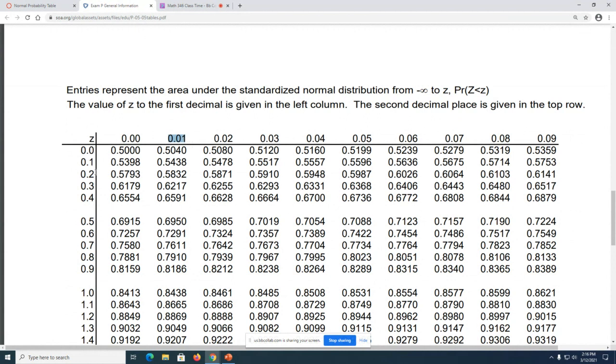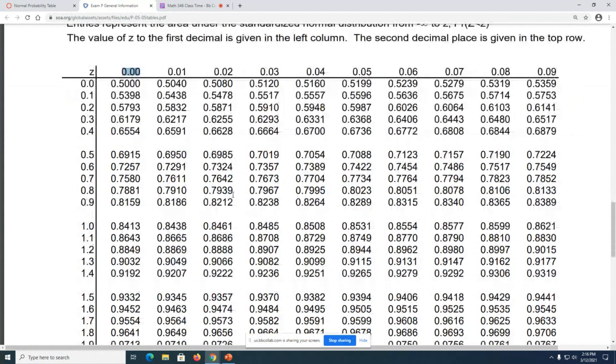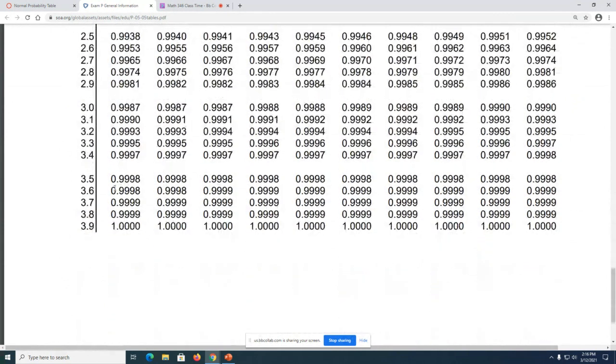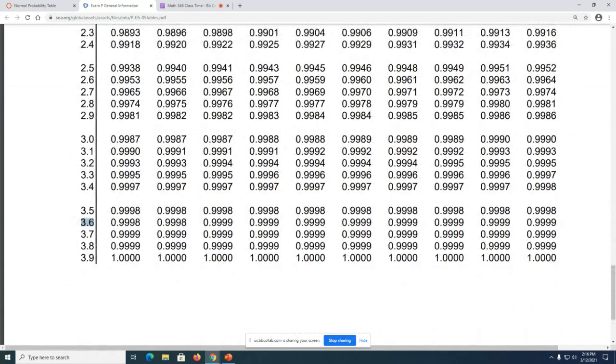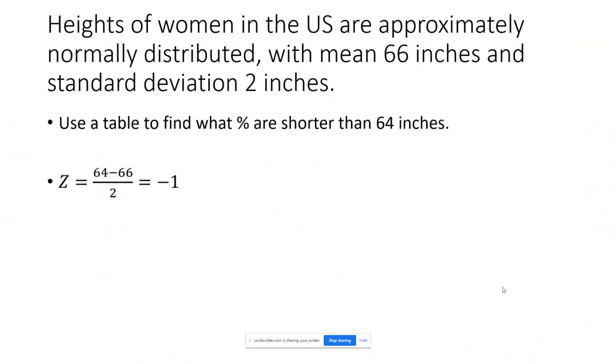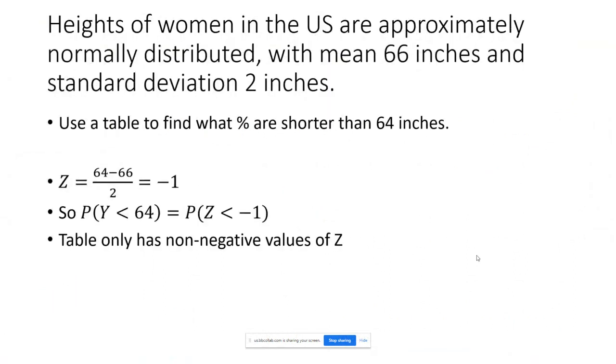So we'd want to find negative 1.00 in this table. But there's a problem. If you notice, all of these numbers are positive. So these are telling us the probability that z is less than or equal to a bunch of positive values. So what can we do? Our table only has non-negative values of z.